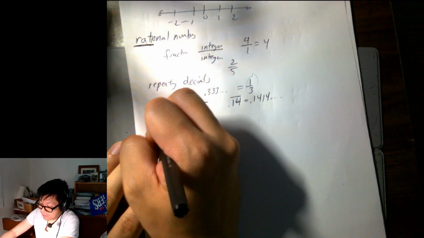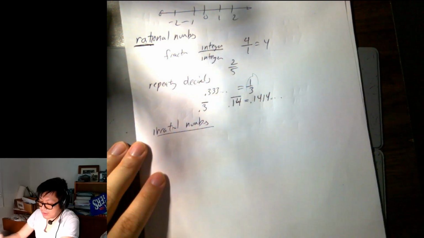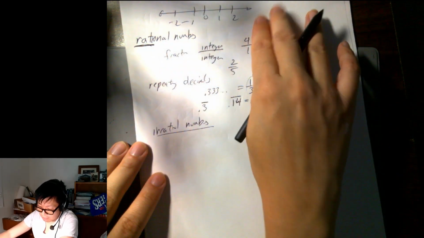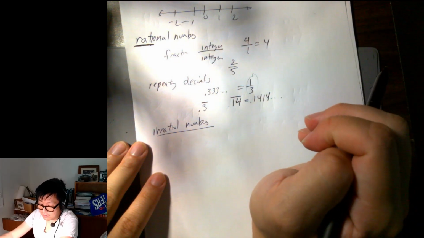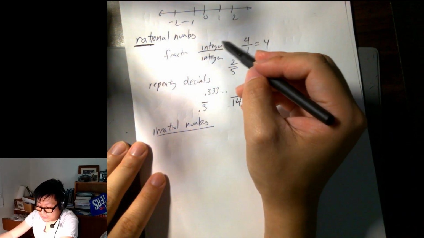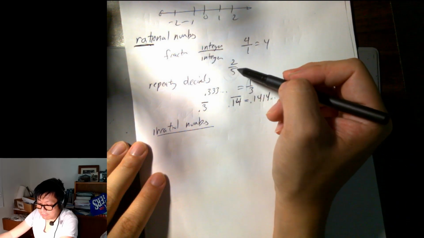Next is irrational numbers. Irrational numbers are basically all the other numbers that can be on a number line, including in spaces in between, that are not covered by the rational numbers. We actually can't cover every single number using a ratio of integers.